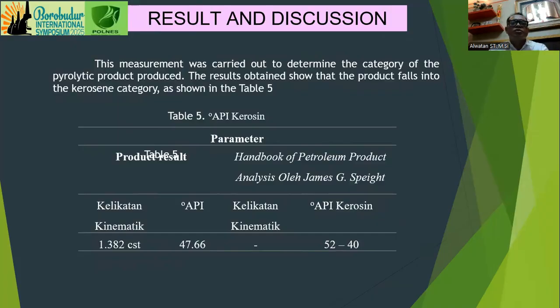This measurement was carried out to determine the category of the pyrolytic product produced. The result obtained shows that the product falls into the kerosene category, as shown in table 5. You can see in table 5 the API degree of kerosene, with the Handbook of Petroleum Product Analysis as the reference.